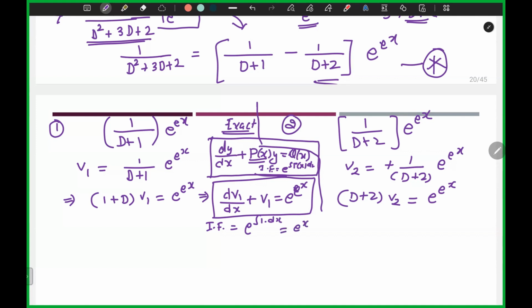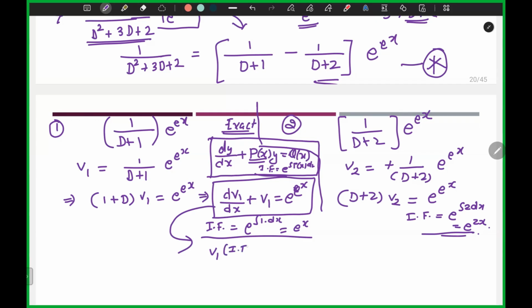And in the second case, the integrating factor is e to the power integral of 2 dx, that is e to the power 2x. This part is clear. And here the solution is v1 times the integrating factor equals the integral of the right-hand side, Q(x), multiplied by the integrating factor, dx.